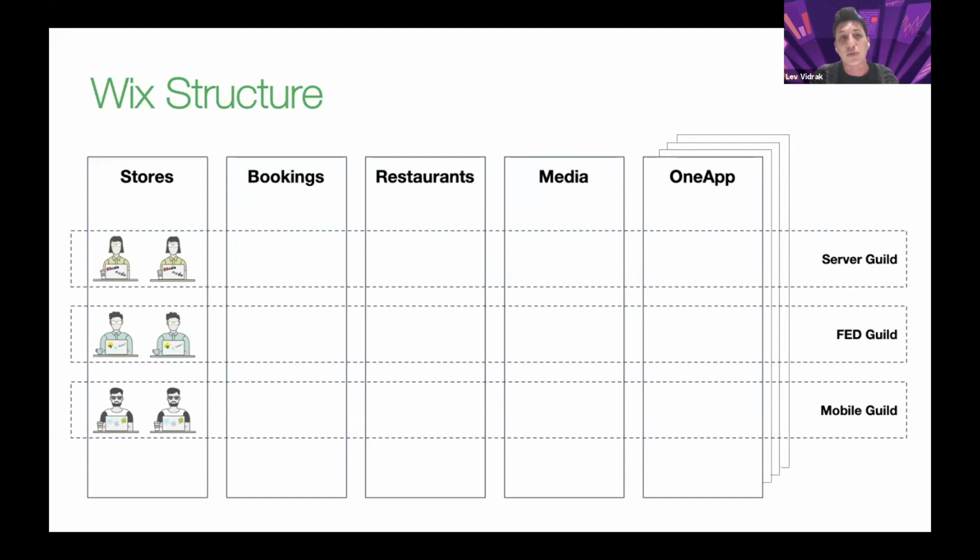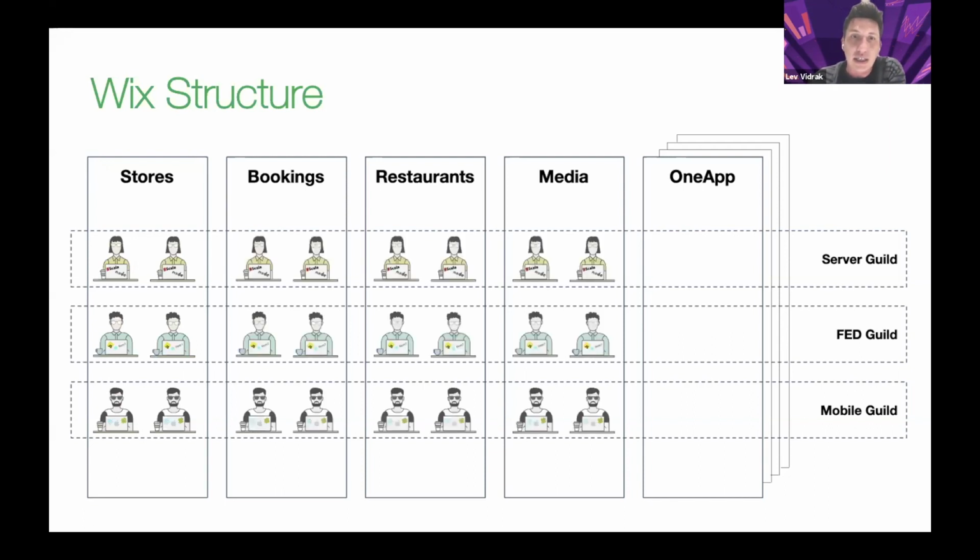So for example, we have Wix Stores, and they develop features only for stores. And we have Wix Bookings, they develop features only for businesses that need to book something, and they have a calendar, for example, a beauty salon, etc. And in each company, we have server developers, web developers, and mobile developers.